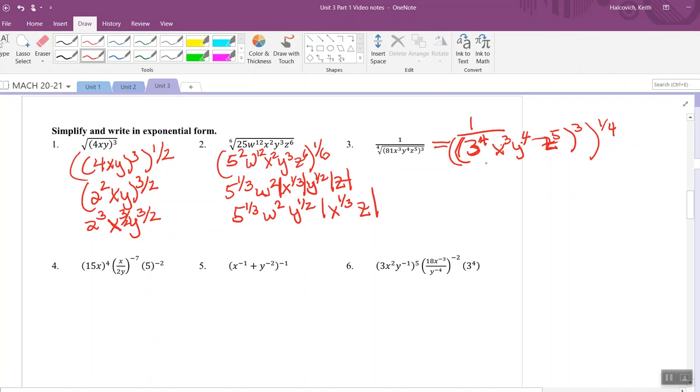So really it's to the 3/4 power. So you would get 1 over 3, x to the 9/4, y to the 3rd, z to the 15/4, and because it's even, odd, we would have the y to the 3rd in the absolute value.